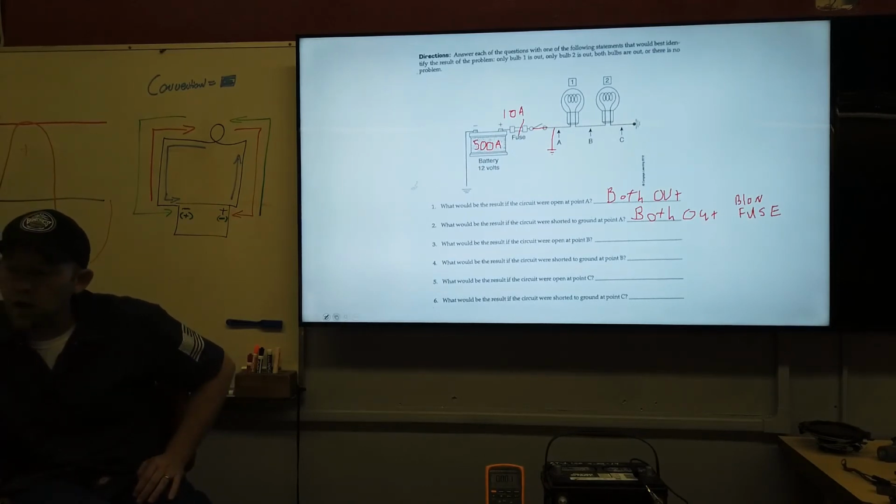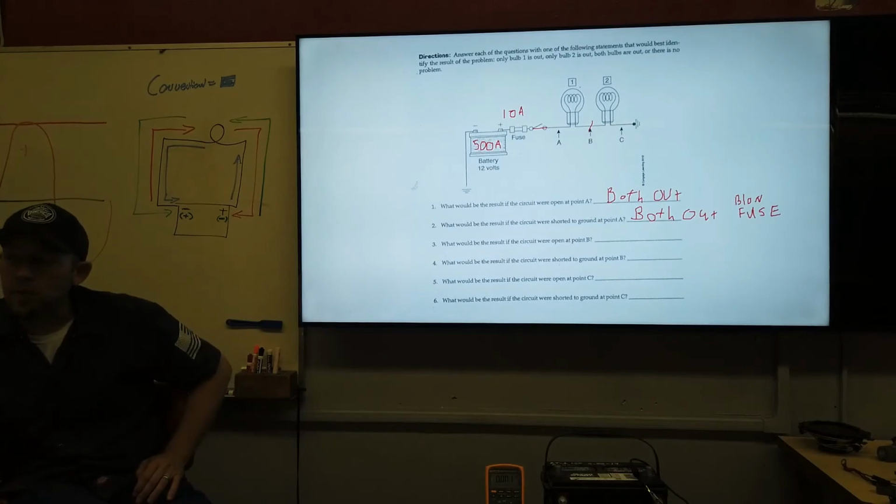So now if we move on to our next one on this exercise, it says, what would be the result if we had a circuit open at B? So if we had a break in the circuit and it was open at B, then what do we have?